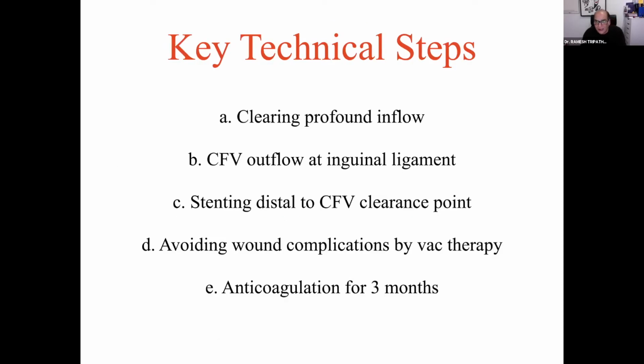So the key technical steps of endovenectomy involve clearing of profunda inflow, as well as the common femoral vein outflow at the inguinal ligament, stenting distal to the common femoral vein clearance point, and avoiding wound complications by VAC therapy, because these patients have to be anticoagulated and they can develop wound hematomas, etc. So I generally just close the femoral sheath and put a VAC for a few days, and then you can close the wounds later on.